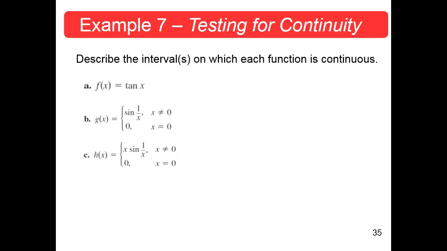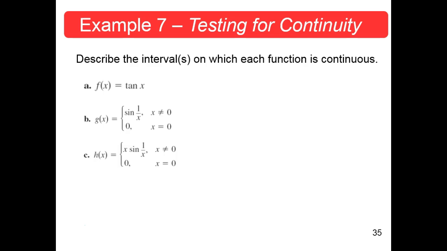Where is this continuous? Now remember, we're saying continuous here. Where is this one continuous? It's really not continuous at 0, because this is not defined there. It just keeps getting bigger and bigger, or smaller and smaller, and sine is defined everywhere, so this is defined everywhere except at 0.